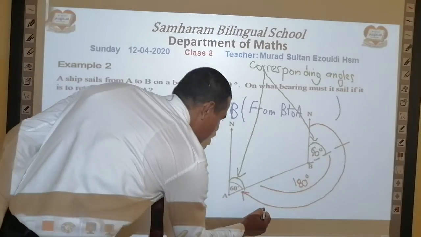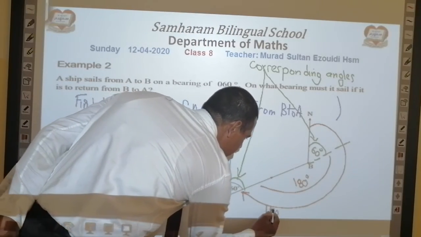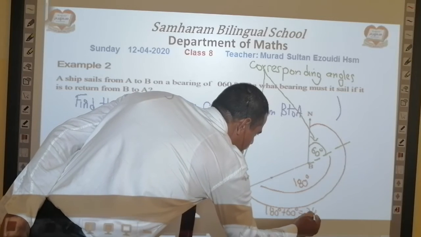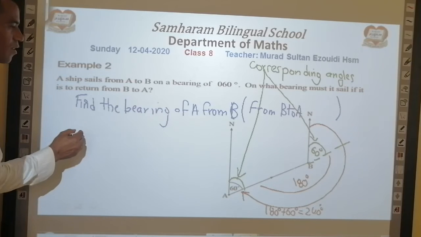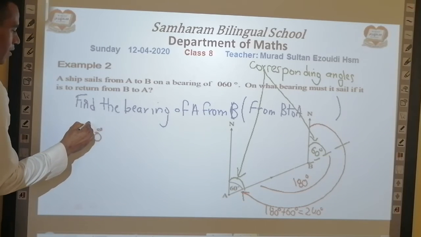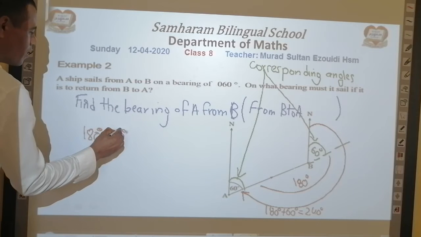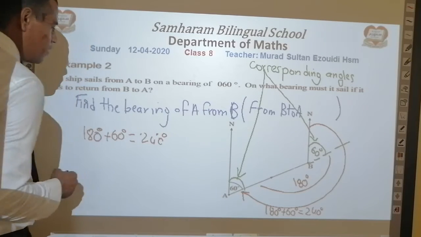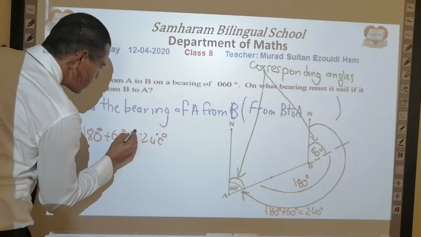So all of this will be 180 plus 60 degree equal to 240 degrees. So just the answer is 180 plus 60 degree. It will be 240 degree.